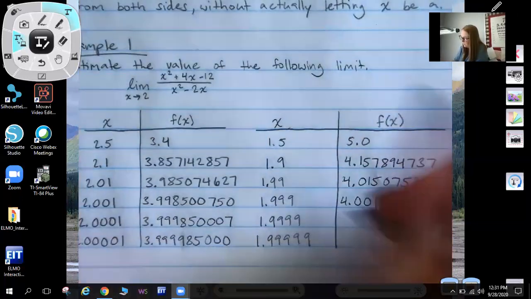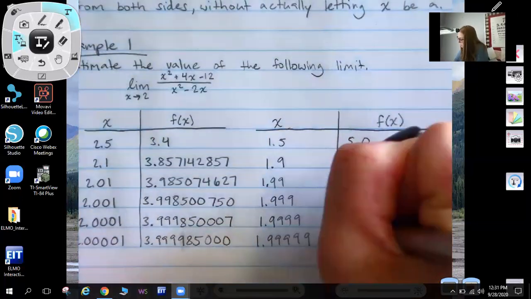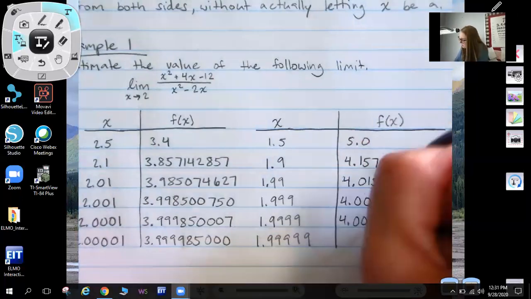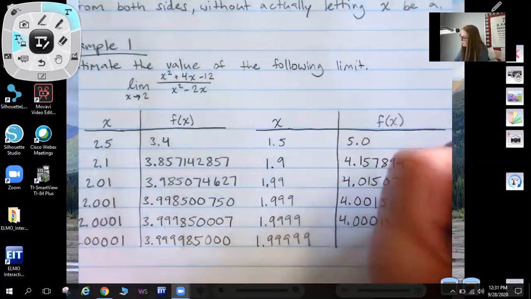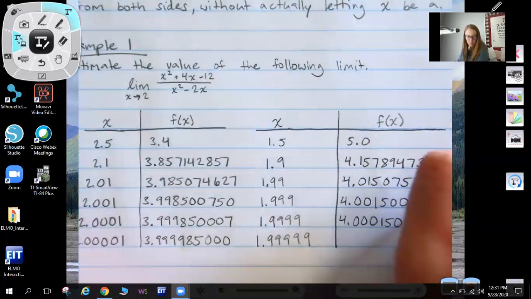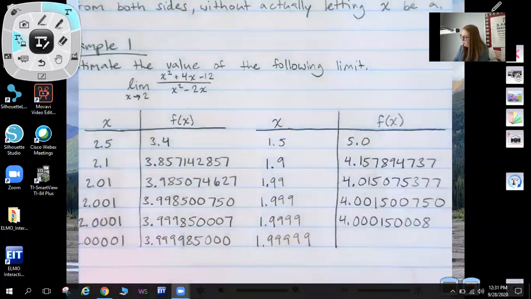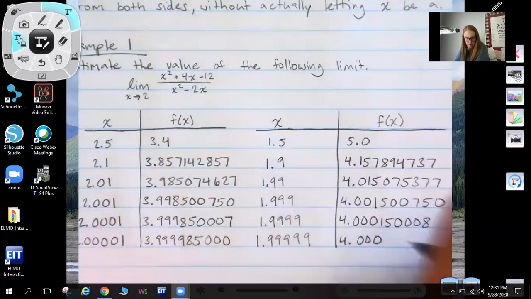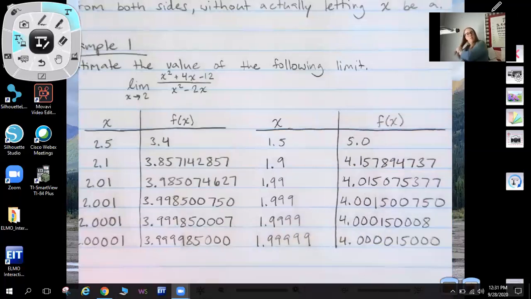Okay, the next one we get 4.000150008. Last one, 4.000015000. Okay, so all of those numbers are also getting closer and closer to 4.